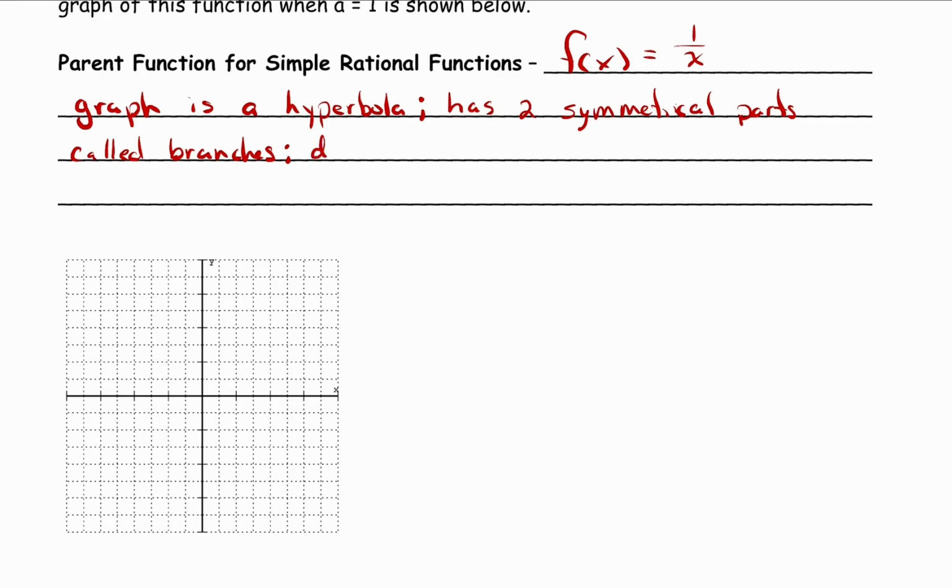And the domain and range are going to be all non-zero real numbers. All non-zero, meaning 0 is not allowed, real numbers.